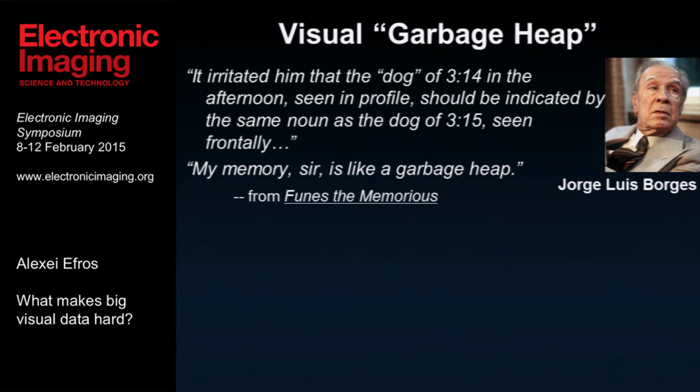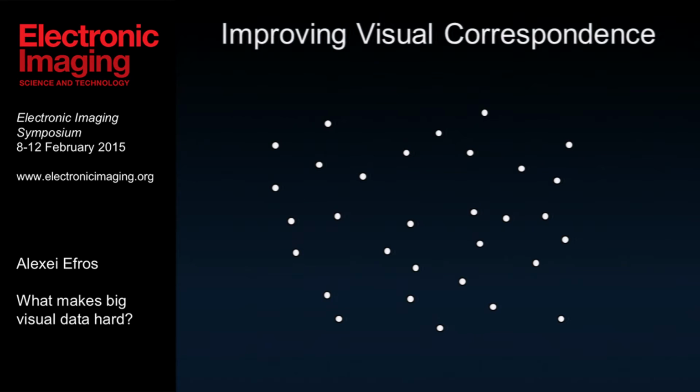My memory, sir, is like a garbage heap. So basically, a lot of the visual data we have right now sitting in our image repositories and on the internet is like this dark garbage heap that we want to somehow organize and order, right? And so the first thing to do is to try to improve visual correspondence, right?